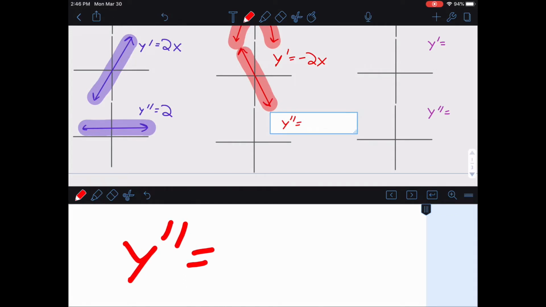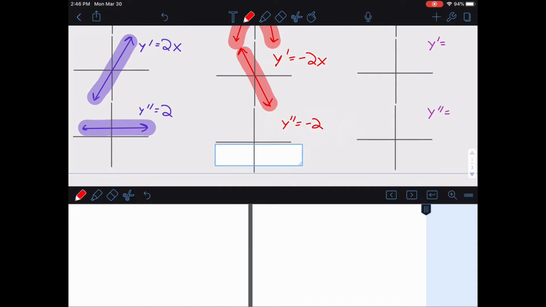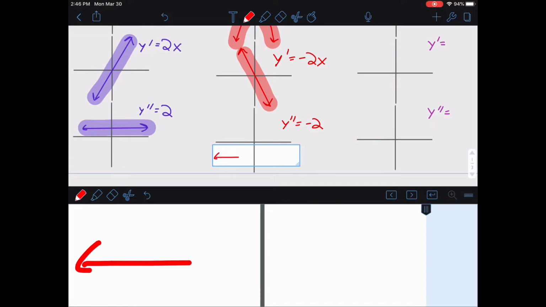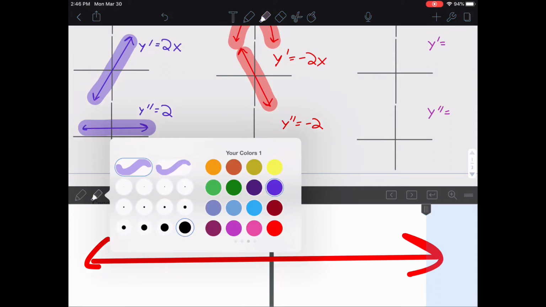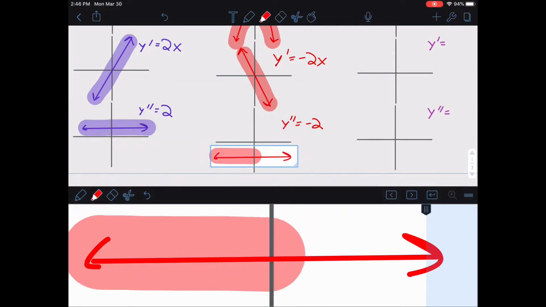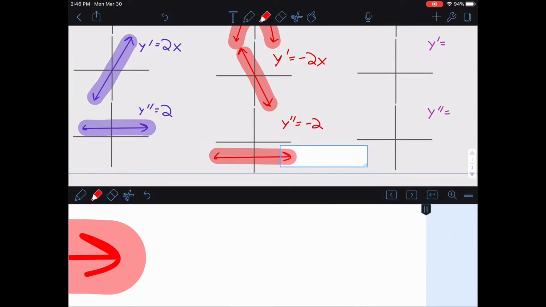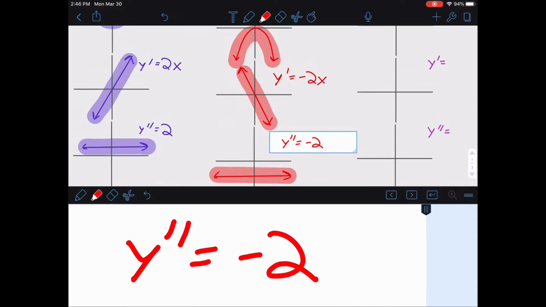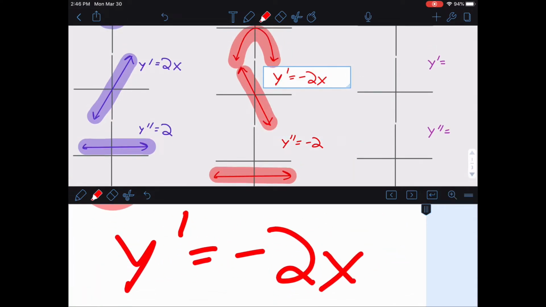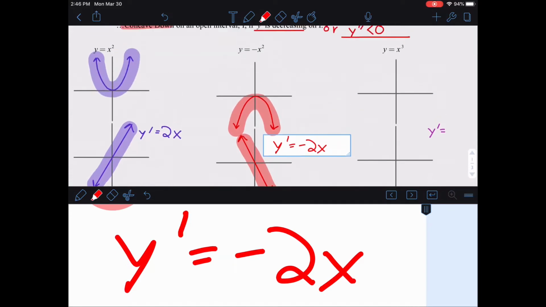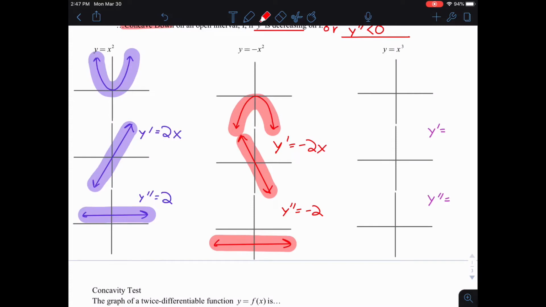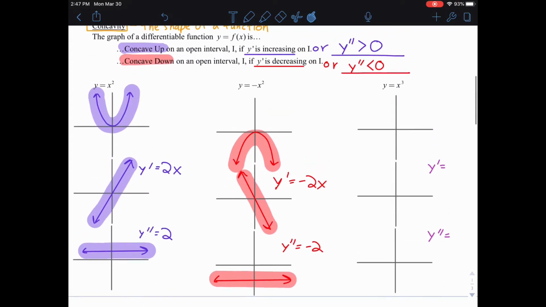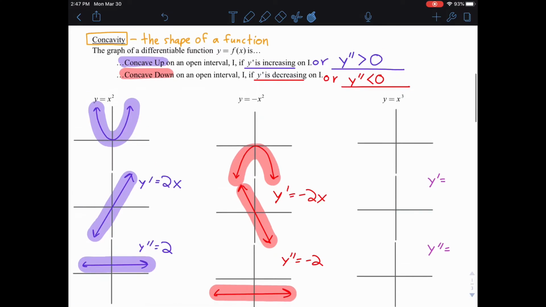Y double prime is just negative 2, which is a horizontal line that is always below the x-axis. So it is always negative. Where the second derivative is negative is where the first derivative decreases, which is where my original function is going to be concave down.